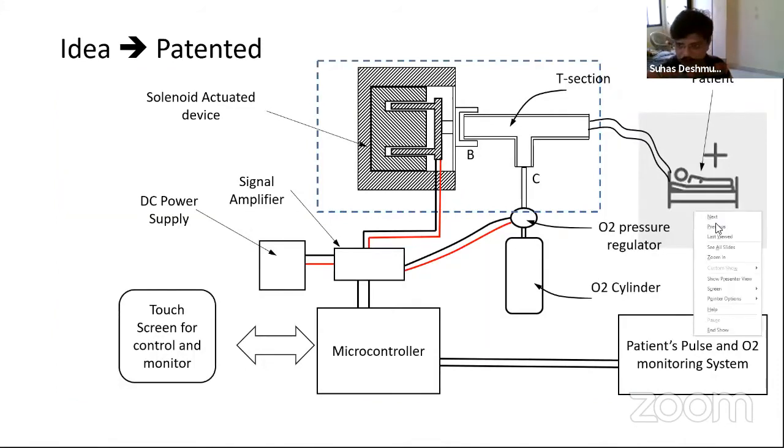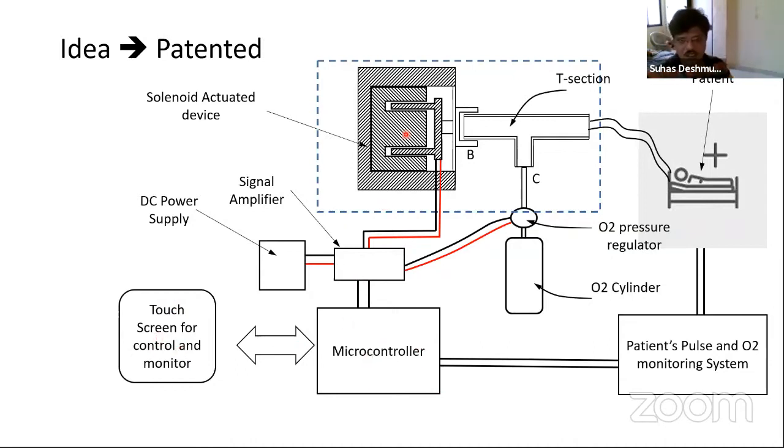This is the patient, monitored for pulse rate, how many pulses he currently has, and also with SpO2, which is the oxygen monitoring system. These two parameters will be sensed from the patient, and based on that the signal goes to the microcontroller, and there will be a decision maker, a touchpad kept on this.